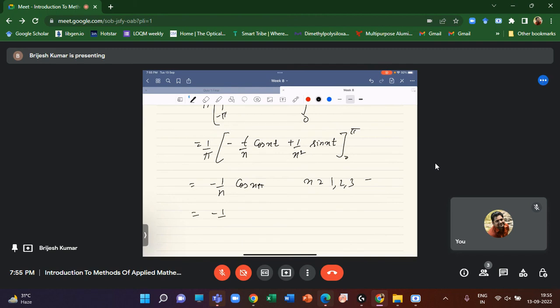So cos n pi will again be minus 1 to the power n. So it will be minus 1 upon n, and cos n pi is equal to minus 1 to the power n.